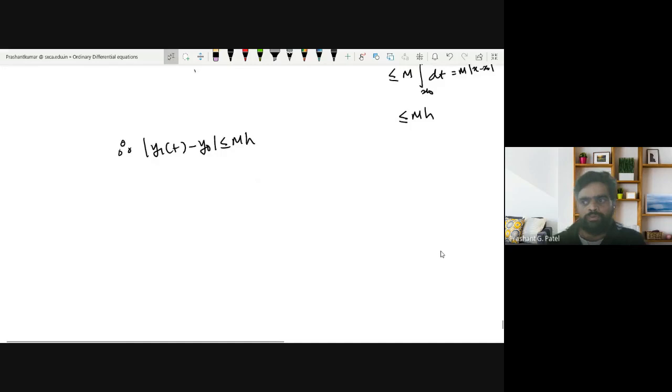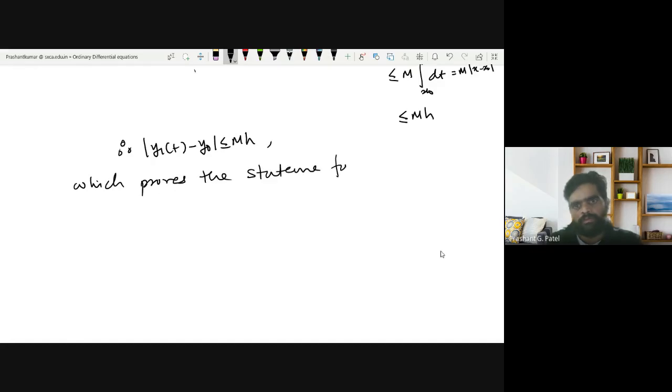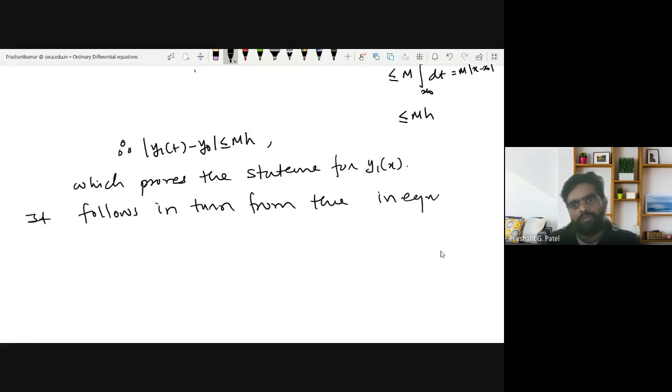Now to prove the inequality for the other terms, which proves the statement for y1 of x, it follows in turn from the inequality that the points t, y1 of t are in R dash.